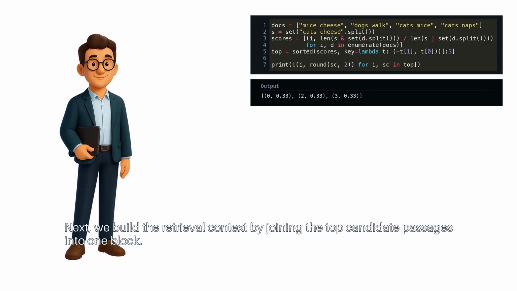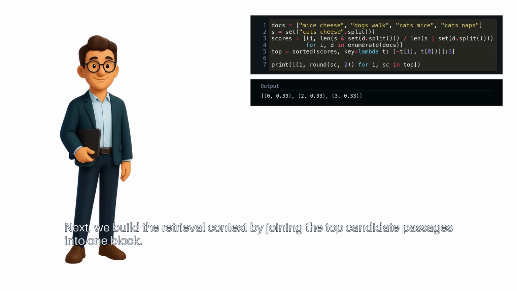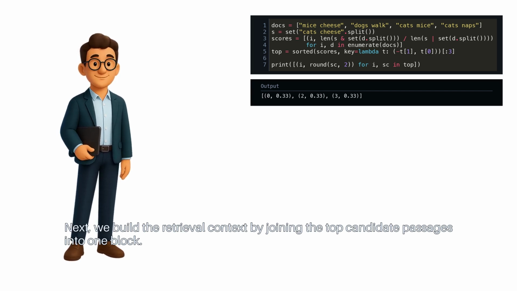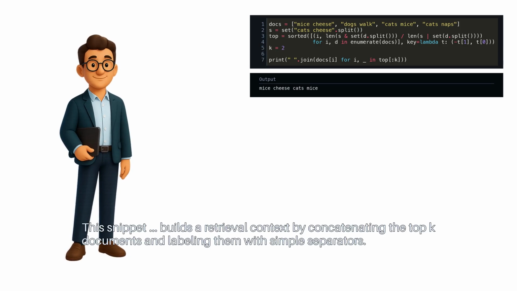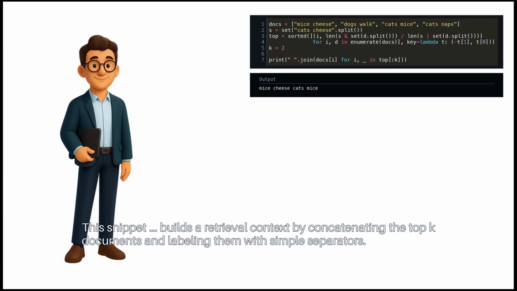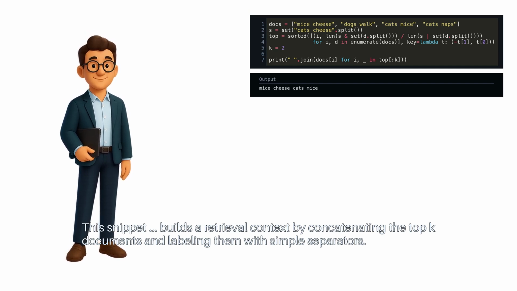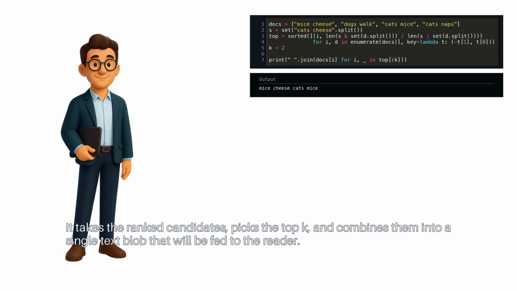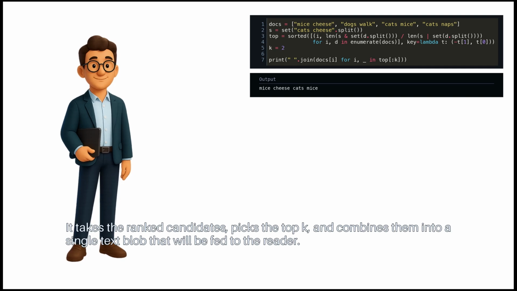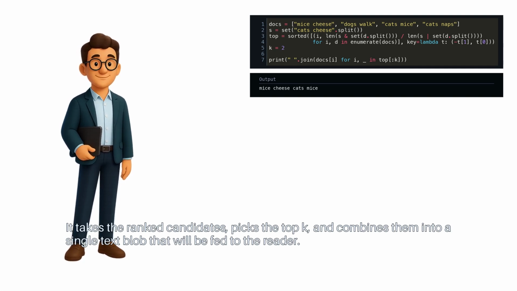Next, we build the retrieval context by joining the top candidate passages into one block. This snippet builds a retrieval context by concatenating the top K documents and labeling them with simple separators. It takes the ranked candidates, picks the top K, and combines them into a single text blob that will be fed to the reader.